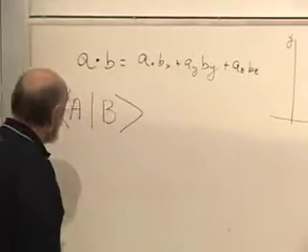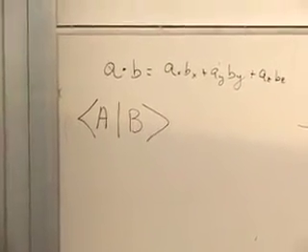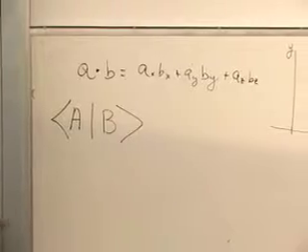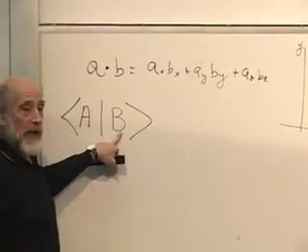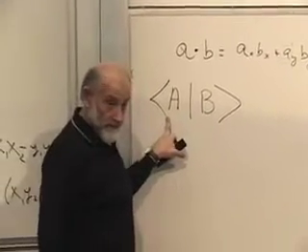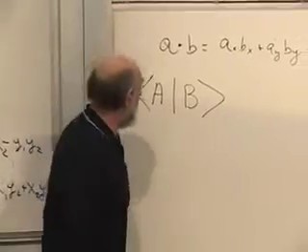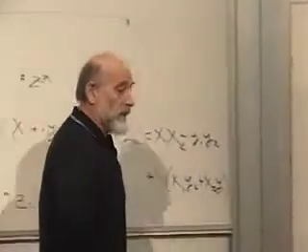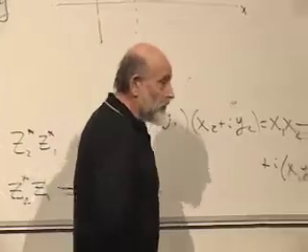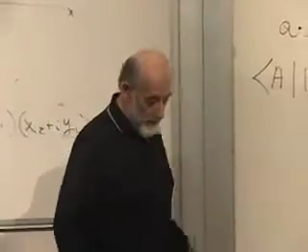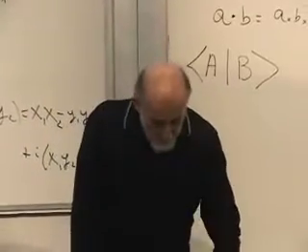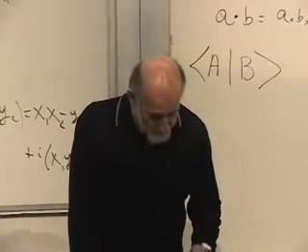But when we're dealing with complex vector spaces, when we multiply two vectors, we have to decide which one is the ket vector and which one is the bra vector. Once we do that, then I'll tell you what the rule is. First of all, the inner product has some abstract properties.